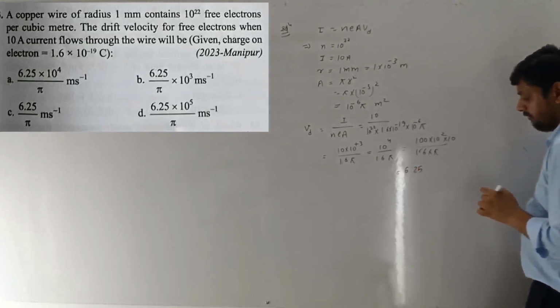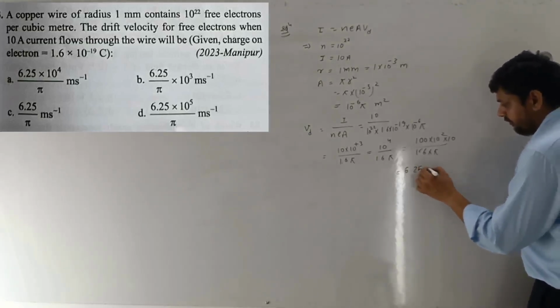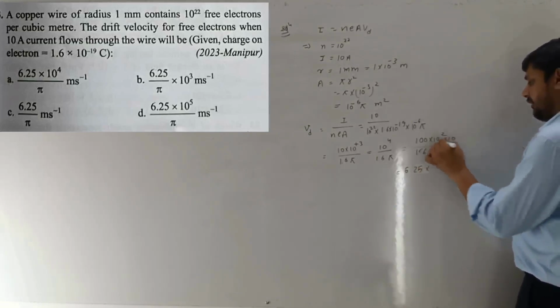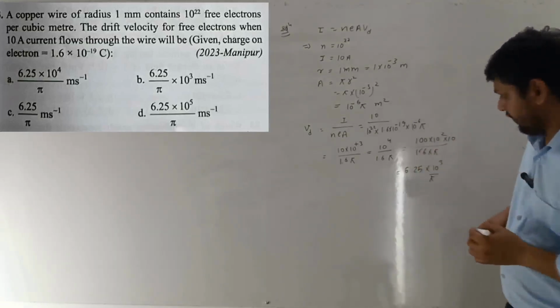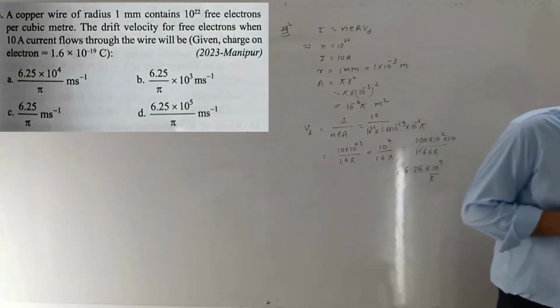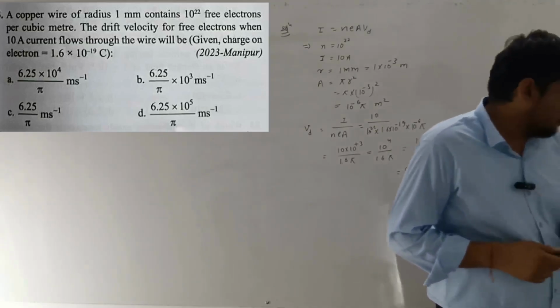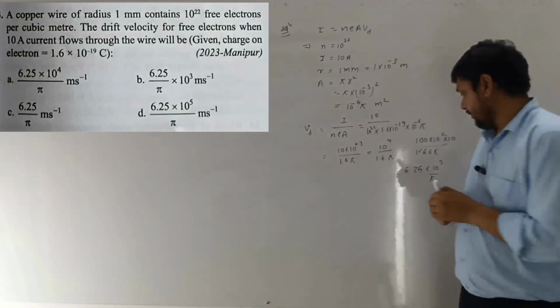As options are given, it is approximately 6.25 into 10 raised to power 3 upon pi. We match the value with the options. Okay, option B is correct.